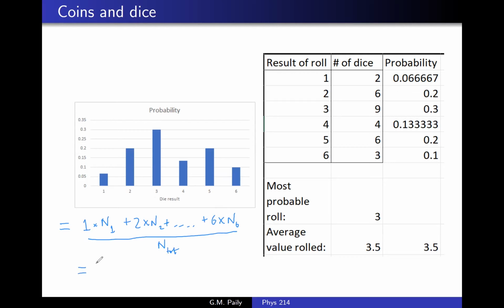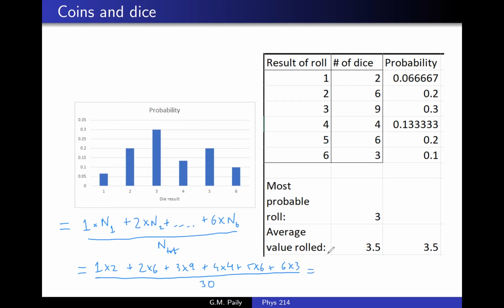So in this case, it would be 1 times 2, because there were 2 dice with the result 1, plus 2 times 6, plus 3 times 9, plus 4 times 4, plus 5 times 6, plus 6 times 3, all over 30.